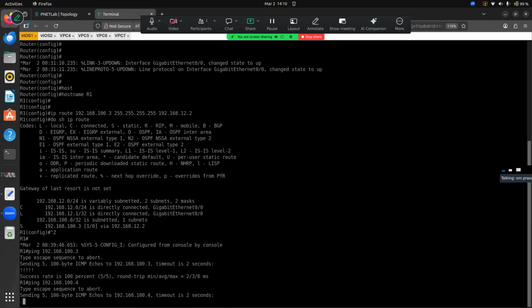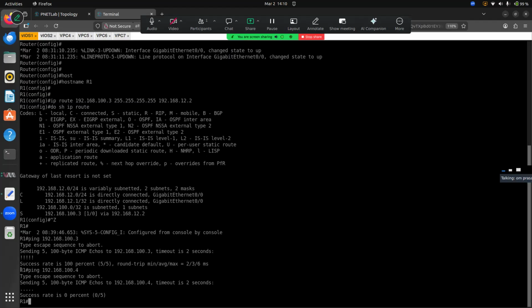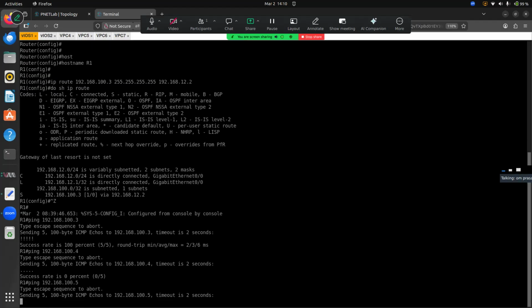Let's ping for 4. No, this packet is dropping. Now pinging, the packet is dropped. An exclamation mark means the packet is going through. Dots mean my packet is dropped. See, out of 5 packets, 0 received. Let's check for 5.